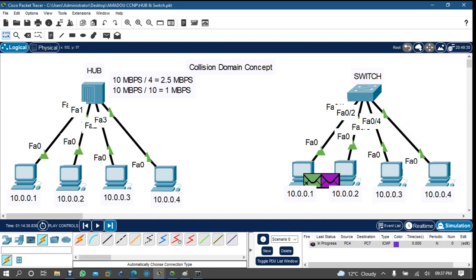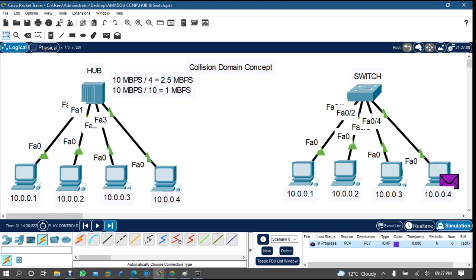Because the first packet was ARP, but the second packet will always be ICMP. When you are sending the second packet, it is always ICMP, no ARP.